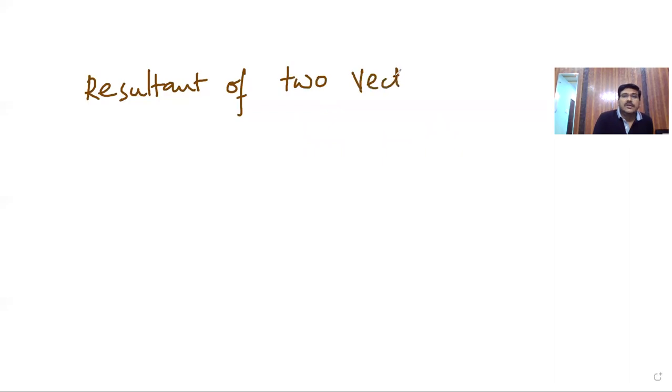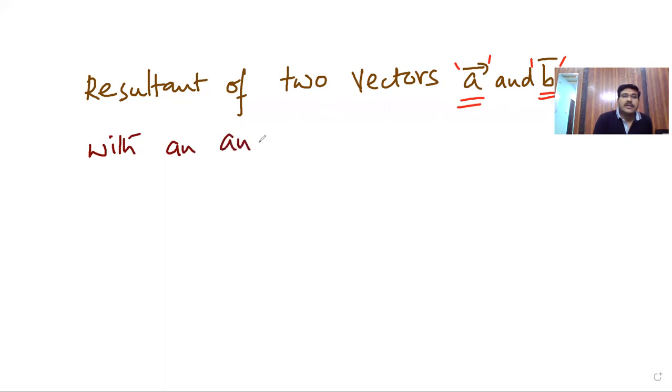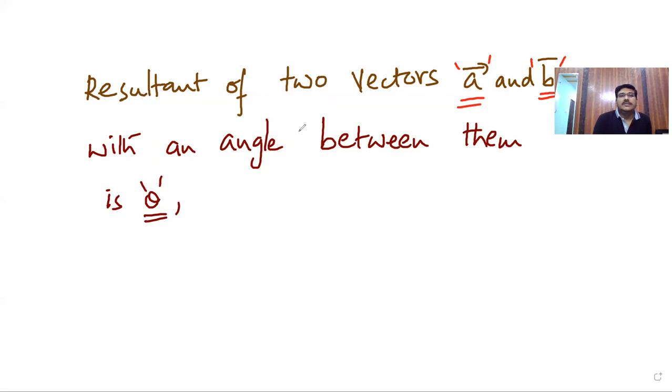Now, let us see. Observe. Resultant of two vectors, A bar and B bar, with an angle between them of theta.